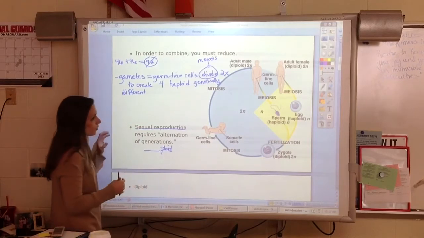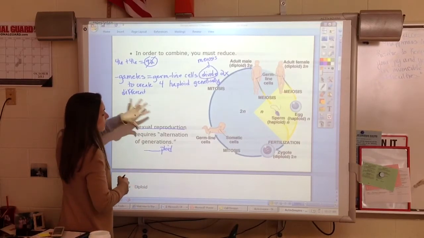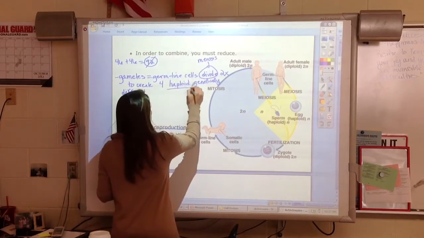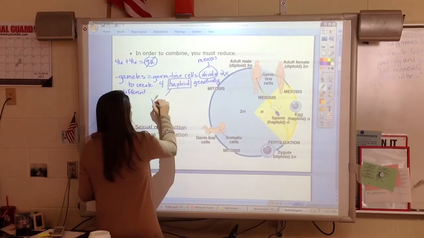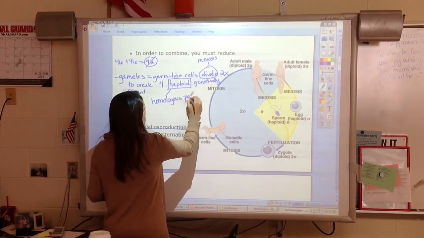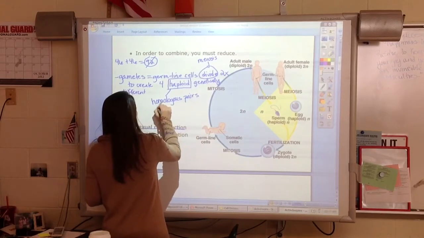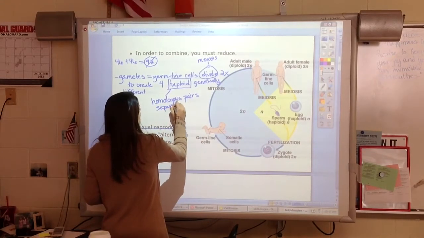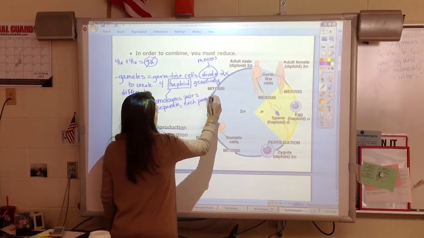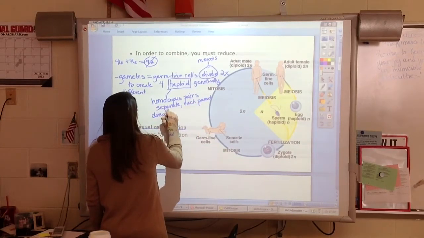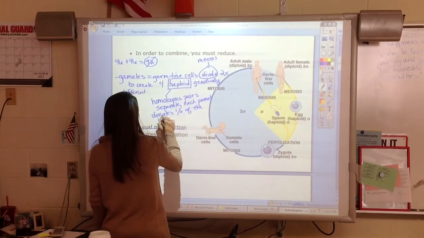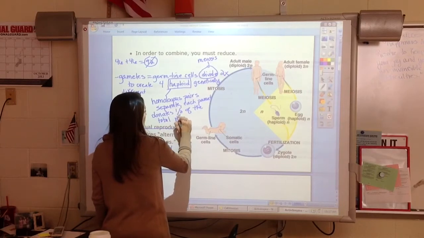Let's talk a little bit more about what actually the point of this is. The idea of haploid is that in an organism, when they have homologous pairs, I'm going to separate those homologous pairs so that each parent donates half of the total number that the offspring will have.